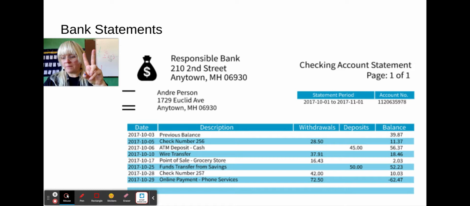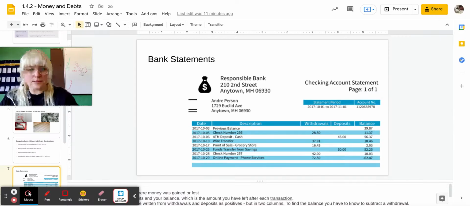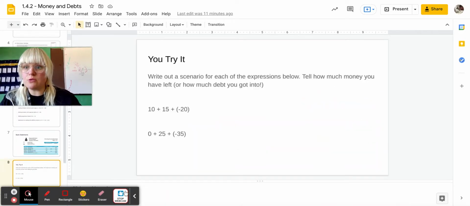And what that means is that in order to find the balance, we have to know that we need to subtract a withdrawal or add a negative to get our final balance. And look right here, our final balance, negative $62.47. Oops, we overdrew. It happens. Okay, let me escape here and move on to a you try it.